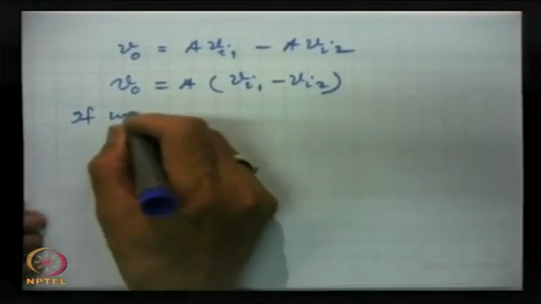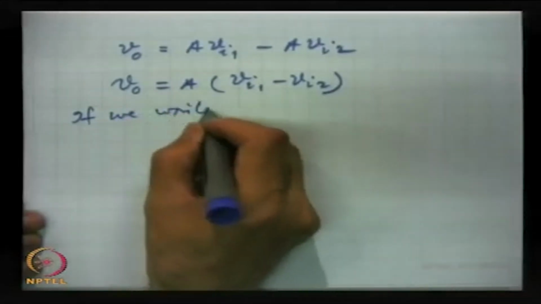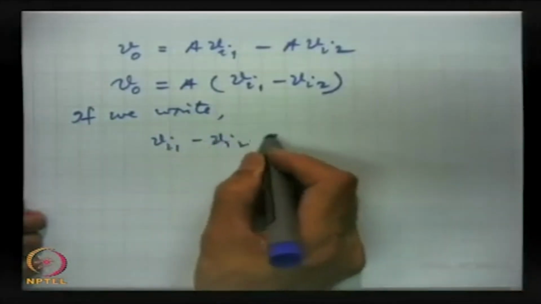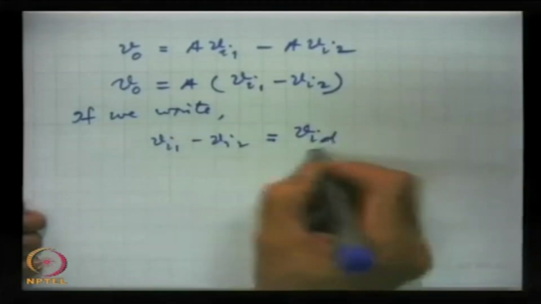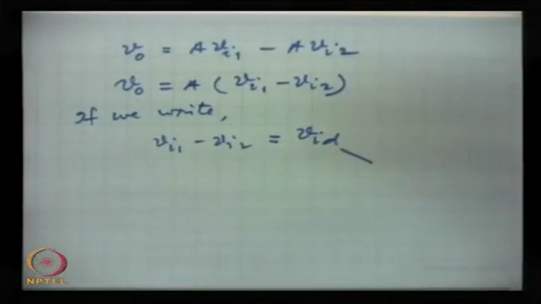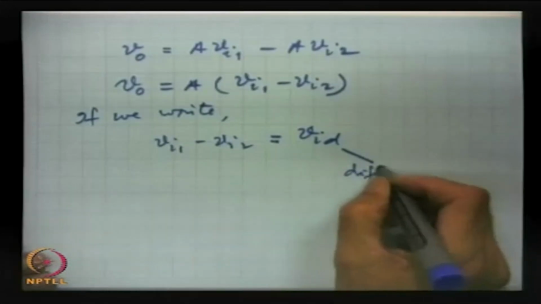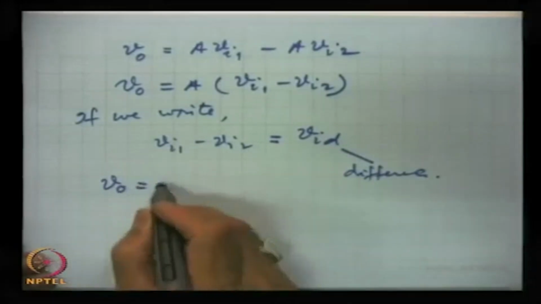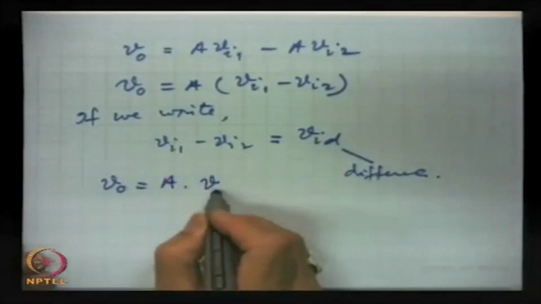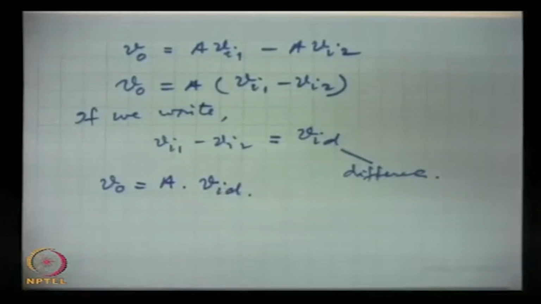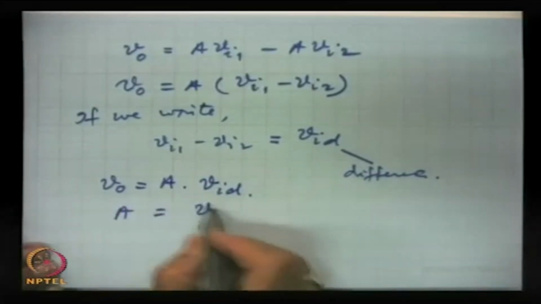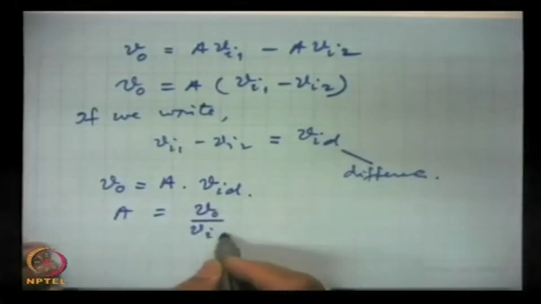If we write the difference Vi1 minus Vi2 as VID, D for difference, then VO is A into VID, or A is VO by VID.